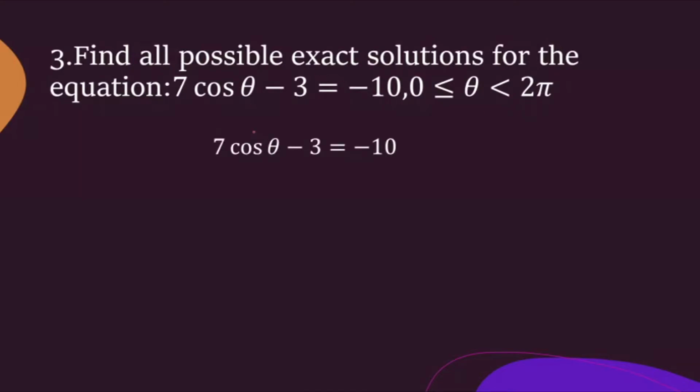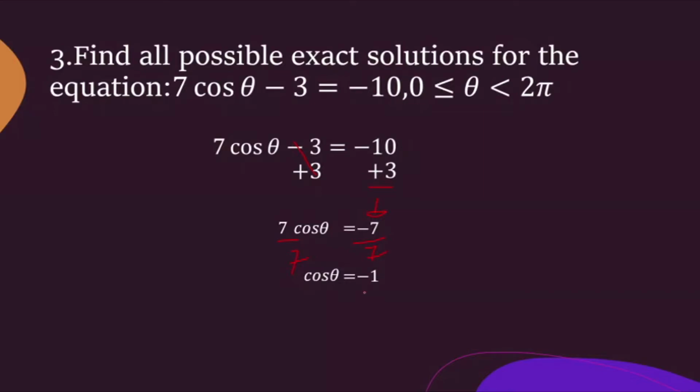So we're going to take the equation, move the 3 over, this canceling out, and then this will equal 7 cosine theta, which equals negative 7. And then you'll be dividing by the 7, leaving you negative 7 divided by 7 to equal negative 1.